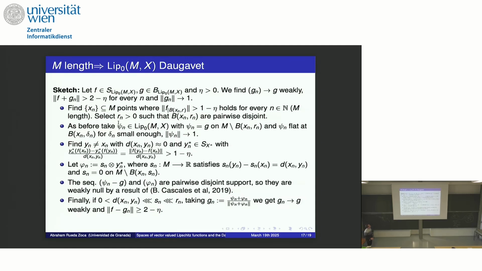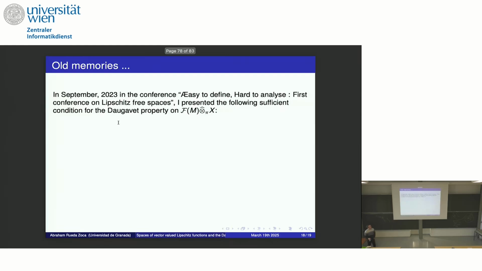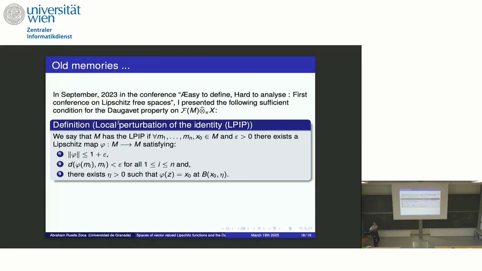And I'm essentially done. I want to finish my talk telling a story, because as I have said several times, I'm getting old, and one way of proving it is finishing a talk with stories. In September of 23, in the conference Easy to Define, Hard to Analyze, the first conference on Lipschitz free spaces, I presented a talk based on a previous version of this work with Ruben Medina, and I presented the following as a sufficient condition for the Daugavet property in the tensor product.